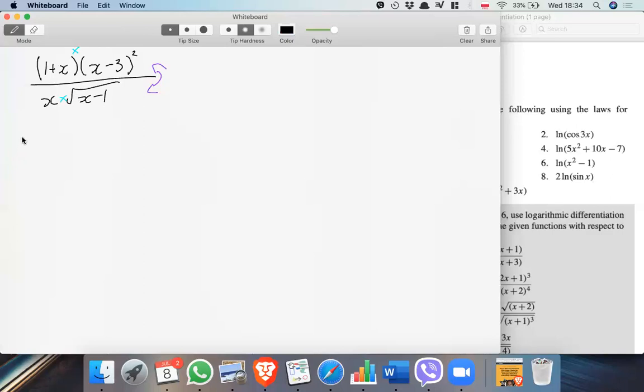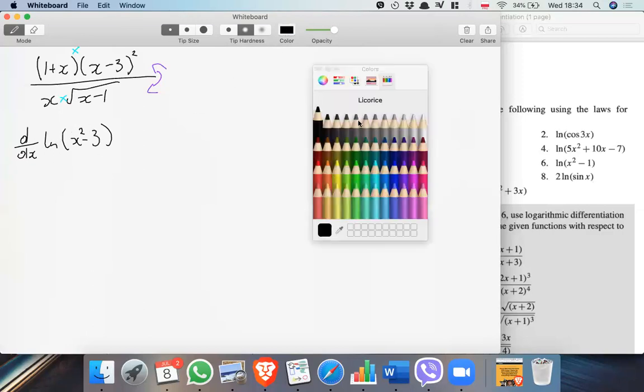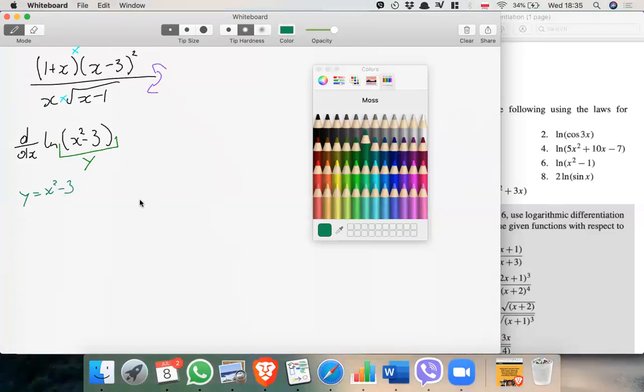If we have to take a derivative of natural log of some function, let's say x squared minus 3, and in more general terms, I want you to notice that this can be called y, where y is equal to x squared minus 3.